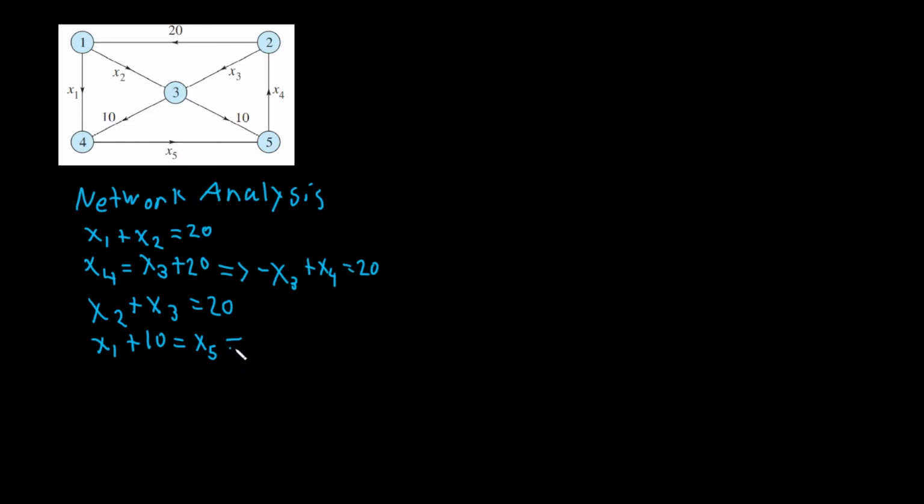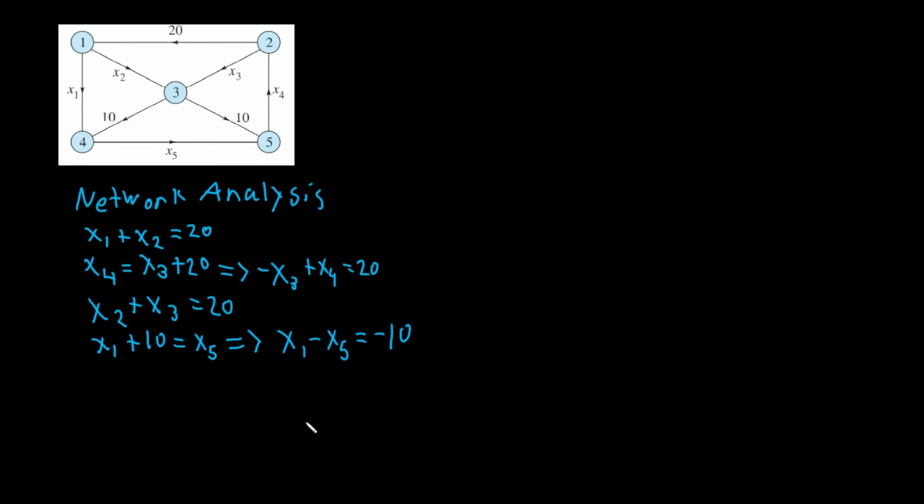So let's do that. Once we rearrange and move the 10 over to the right-hand side and the x5 over to the left-hand side, we'll get that x1 minus x5 is equal to minus 10. Once again, I just rearranged to solve for the constant, so we moved all the variables to the left-hand side and the constant to the right-hand side. So now that's the fourth equation.